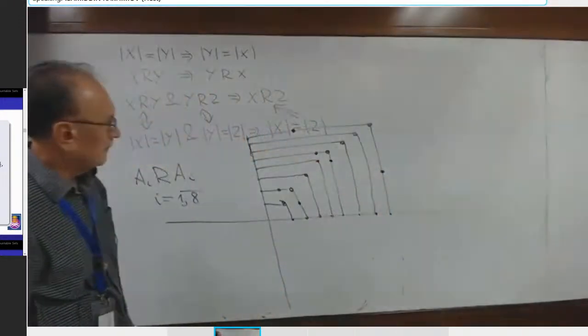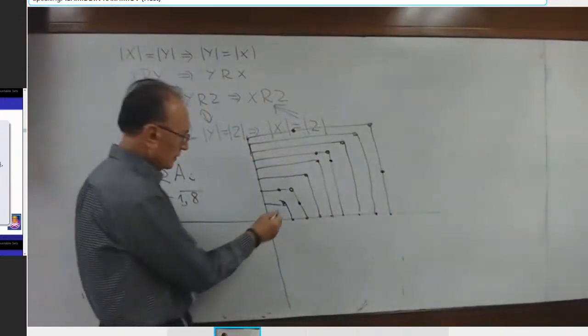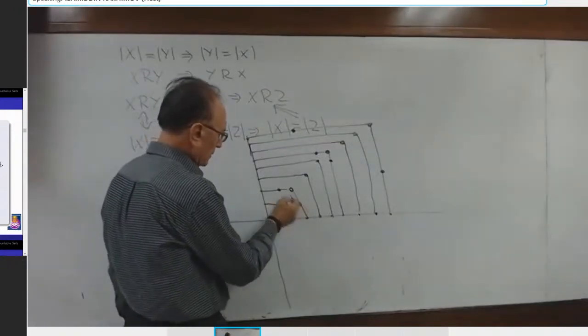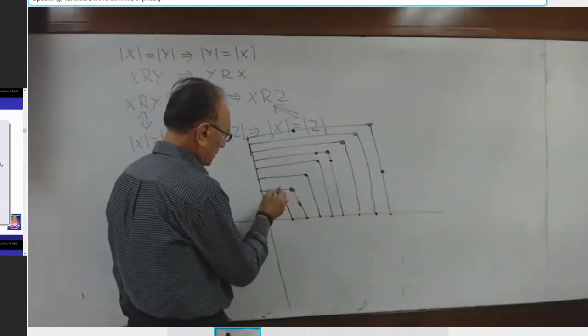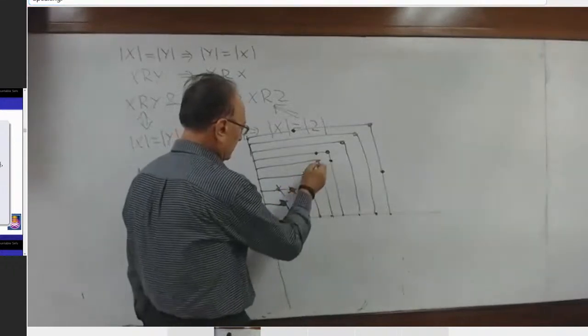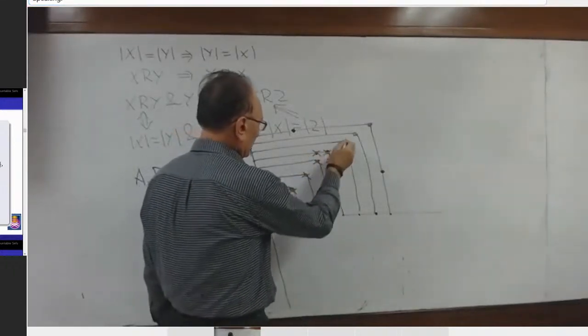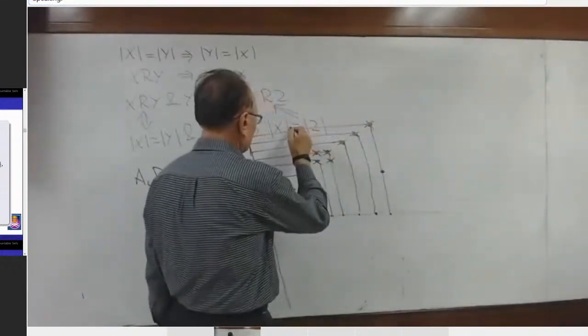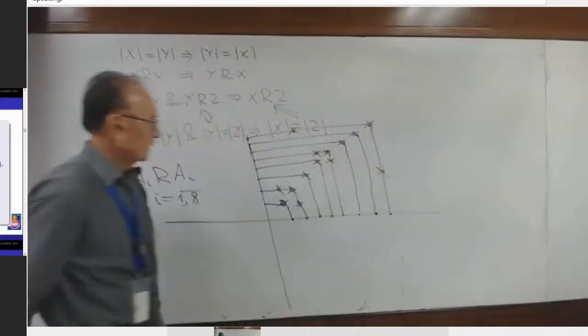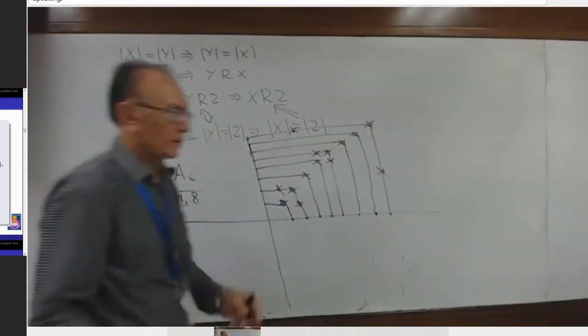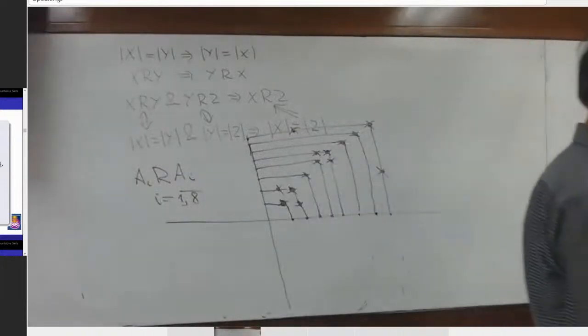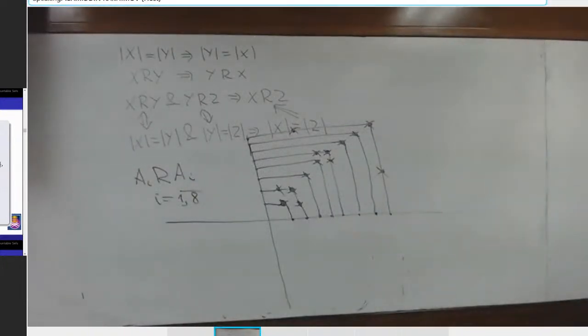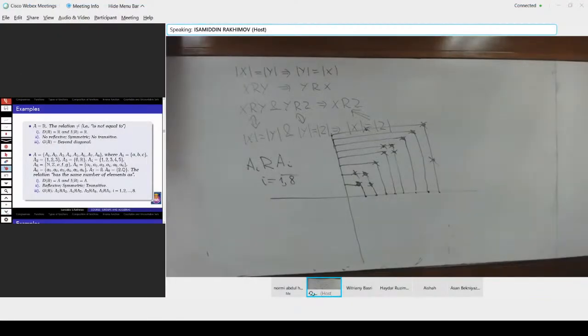So this is the graph of your relation. These dots. This is the graph of your relation R in this particular case. Okay? All right.